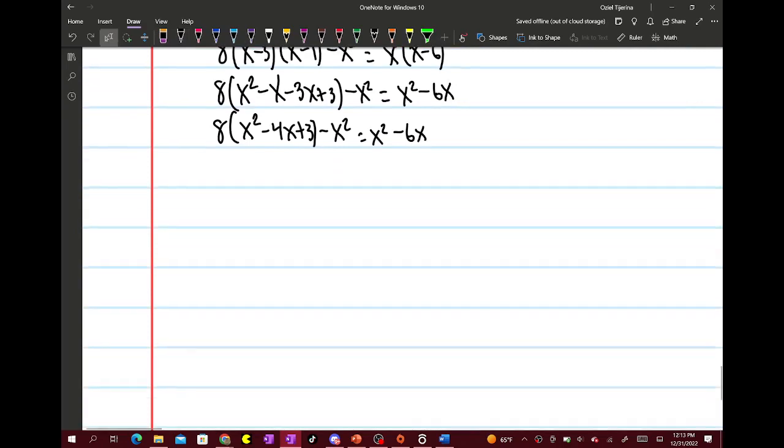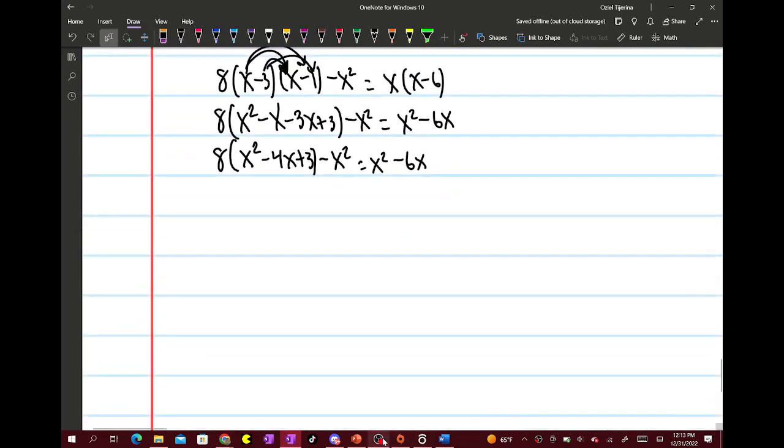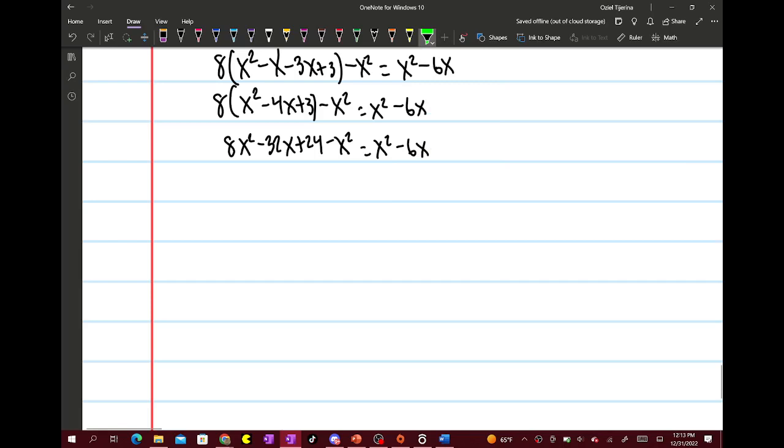Now, what you're going to do is go ahead and distribute, so this is going to be 8x squared minus 32x plus 24 minus x squared equals x squared minus 6x. So then combining like terms, we get 7x squared minus 32x plus 24 equals x squared minus 6x.